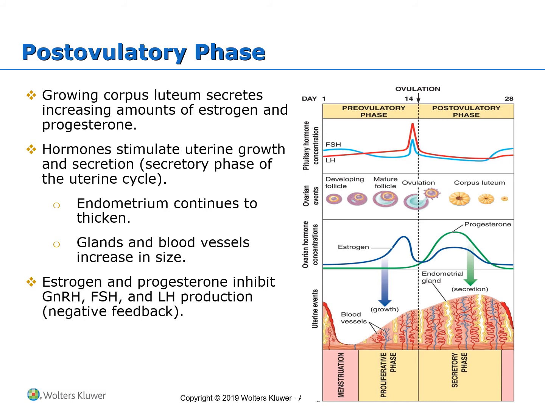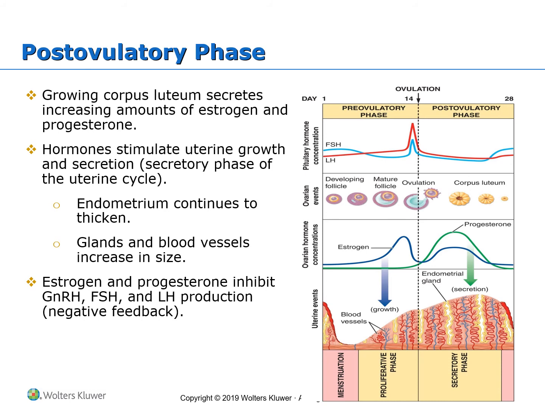However, if the ovum is not fertilized, and usually it will die in a matter of 2 to 3 days, the corpus luteum will slowly start to degenerate, and by about 11 days after the ovulation, will be completely gone.